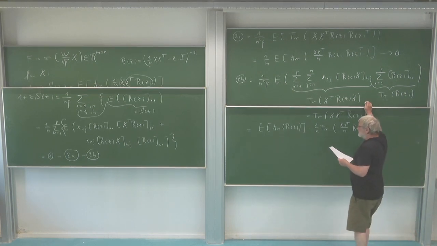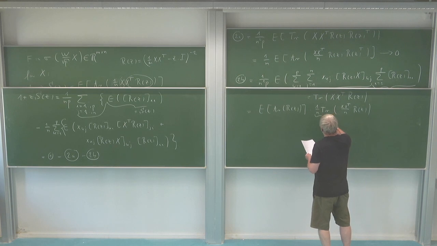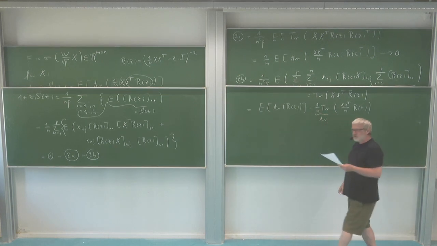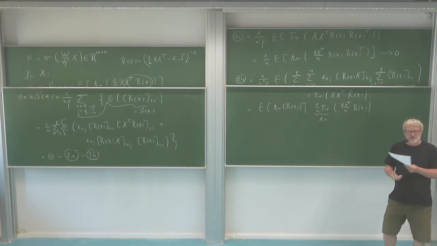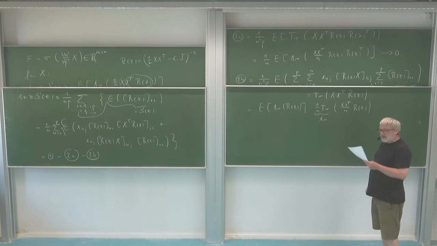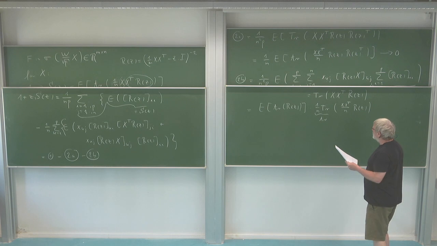Now I have quantities which all have a limit. So this is really something which survives in the limit, and which we can essentially also recognize in the limit.